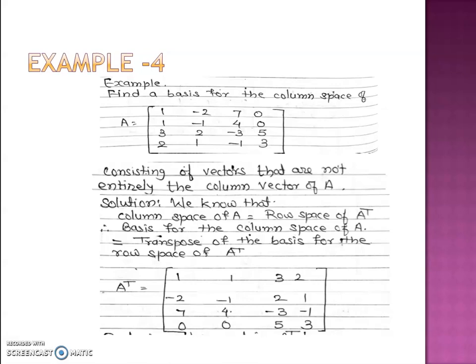Therefore, the basis for the column space of A is equal to the transpose of the basis for the row space of A transpose. Transposing the matrix A, changing the rows into columns and columns into rows, we get 1 minus 2 7 0, 1 minus 1 4 0, 3 2 minus 3 5, 2 1 minus 1 3.